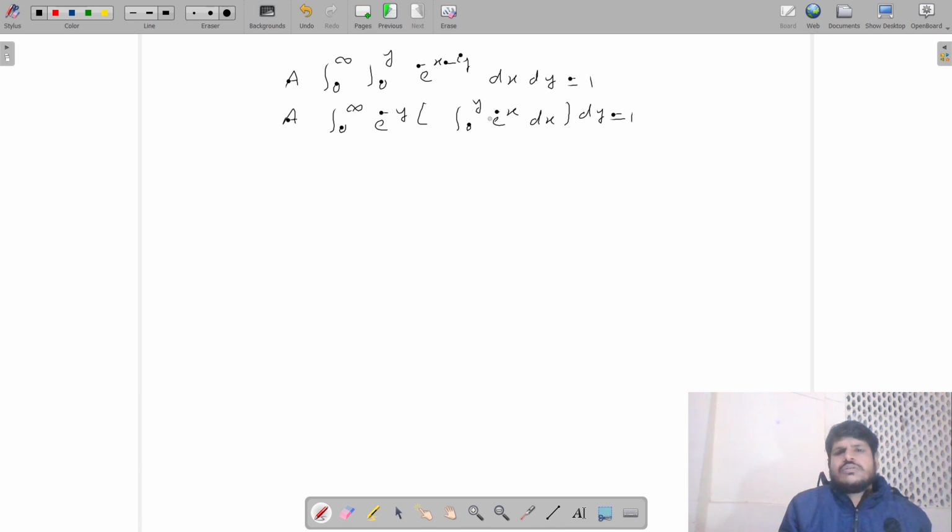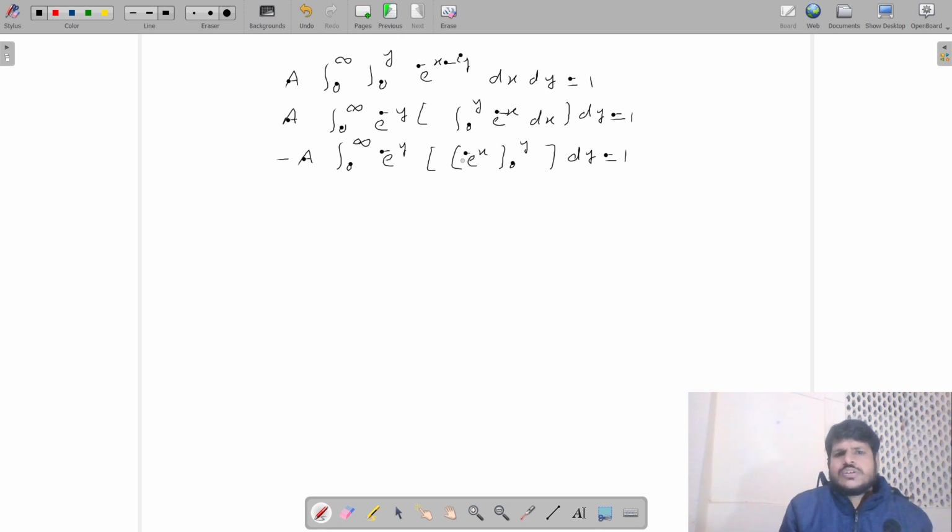Now you know very well the integration of e raised to power minus x is minus e raised to power minus x, so we can write minus A integration 0 to infinity e raised to power minus y, and now put e raised to power minus x with limit 0 to y, dy equal to 1.